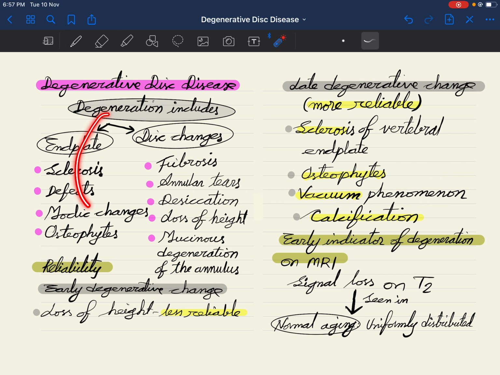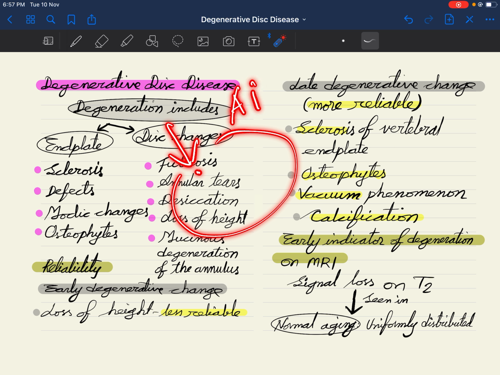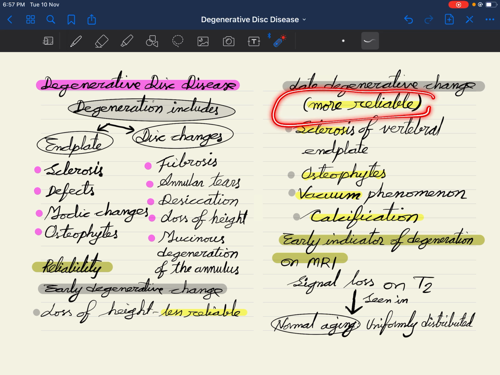If the boundary of the disc is broken, this weak side or this hole in the disc will cause air to come into the disc, and we will see air in the central part of the disc. So this is known as the vacuum phenomenon that is found in the late degenerative cases. So they are more reliable.